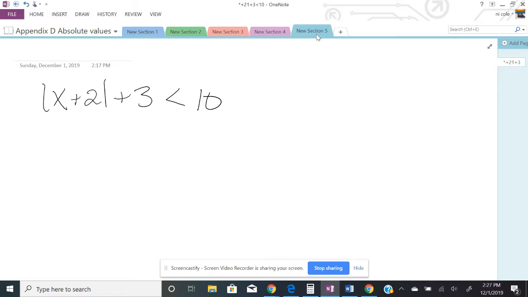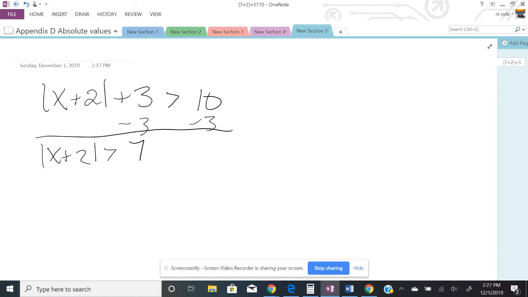Another example. Actually, I want to make the alligator the other direction. The first thing I have to do is isolate the absolute value, so I'm going to subtract 3, subtract 3. Then I get x plus 2 is greater than 7.